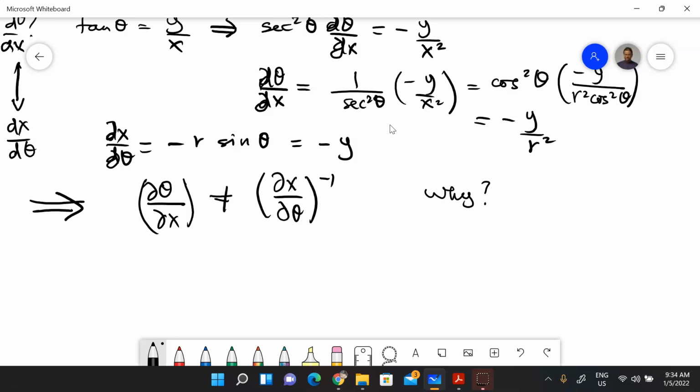So what happens over here is that the thing that you should have kept constant, if you want to make them reciprocal, whatever is kept constant over here should also be kept constant over here.